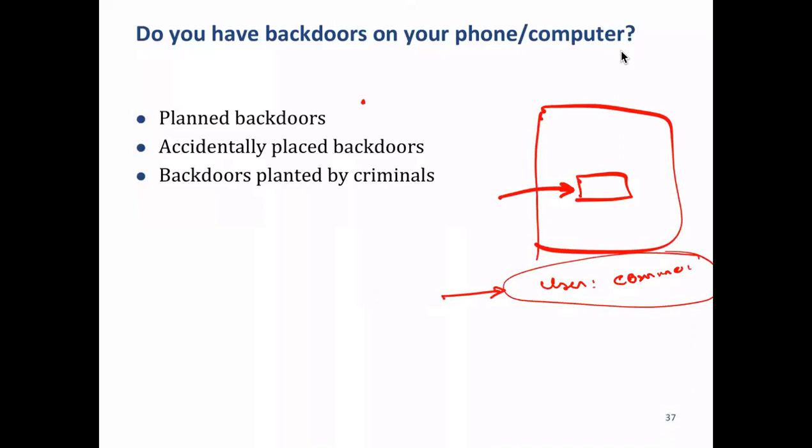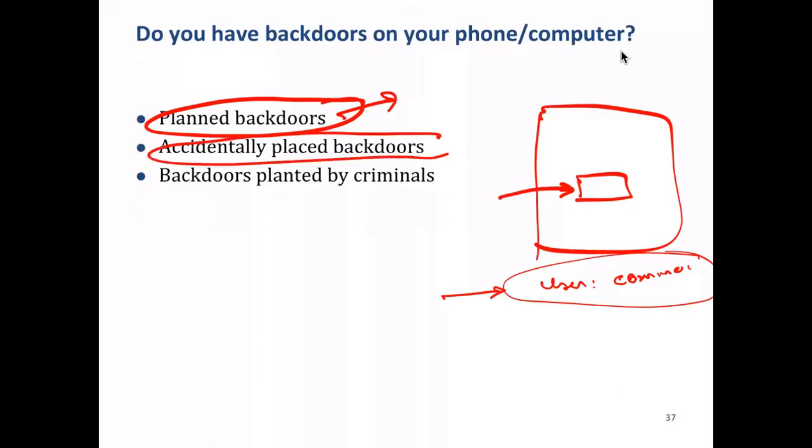So these can be planned backdoors, like most mobile phones have. Or accidentally placed backdoors, because for debugging, designers or developers have placed a backdoor thinking they will go home and do the testing and so forth.